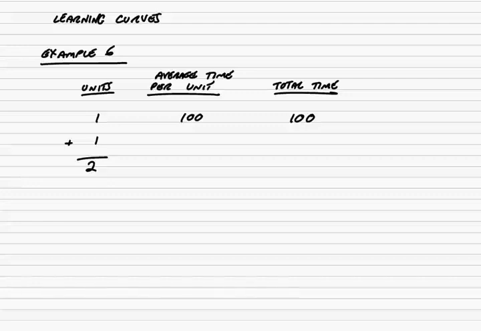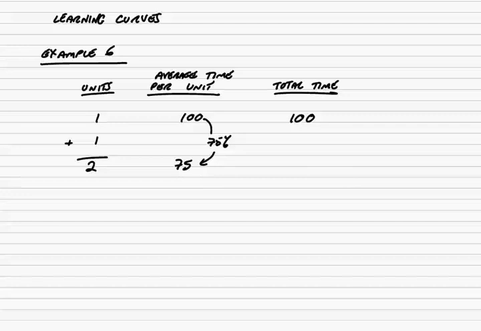It'll fall to a fixed percentage of what the average time was before. So what I mean is this. Make 1 unit and the average was 100 hours. If we double, make another 1, so we've made 2 units in total, the average time per unit will fall. It'll be 100 times whatever the learning rate here is. Here it's 75%. Well, 75% of 100 is 75.